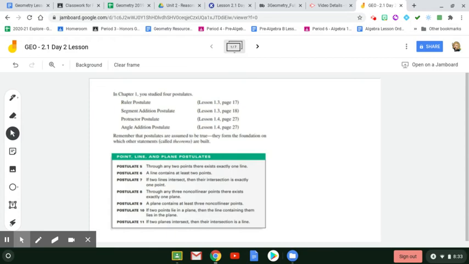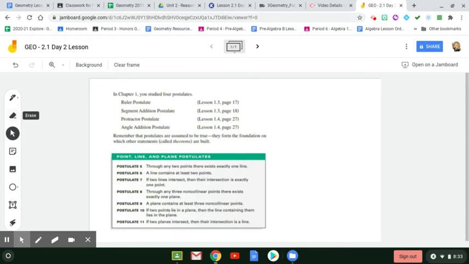So if we read through these postulates, postulate 5 says through any 2 points there exists exactly one line. Postulate 6 says a line contains at least 2 points. Postulate 7 says if two lines intersect, then their intersection is exactly one point. Postulate 8 says through any three non-collinear points, there exists exactly one plane.